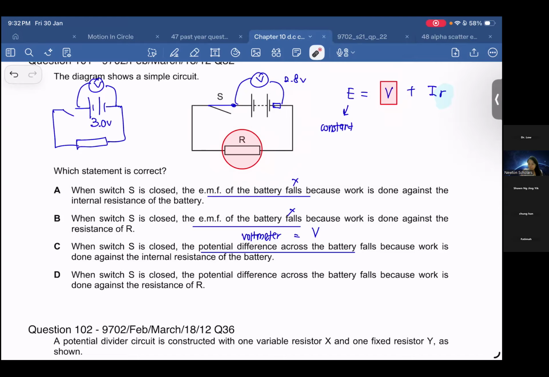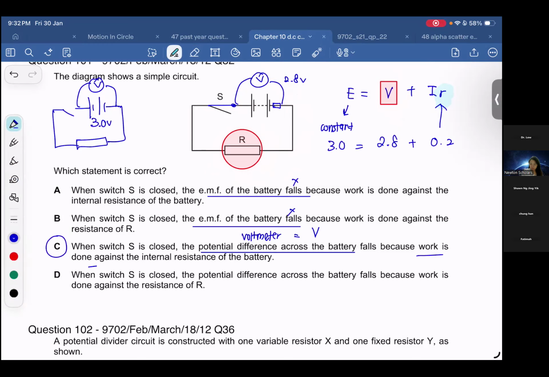Why does it become 2.8 here? Initially it is 3.0, now it becomes 2.8. Because of a 0.2 drop due to the internal resistance. There is some work done against the internal resistance. The answer is C. The potential difference across the battery right now is actually the voltage at the external circuit R.